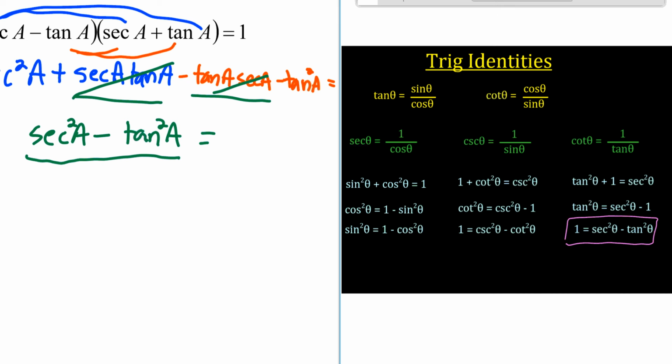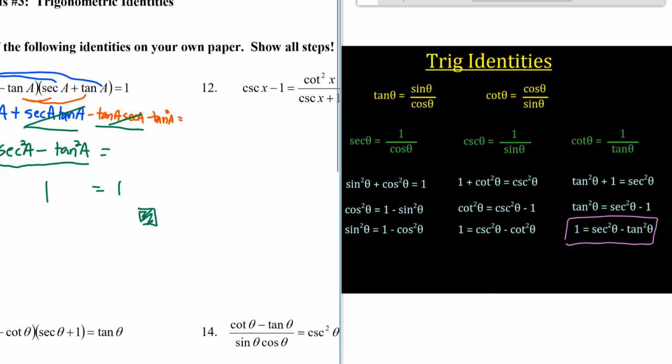Secant squared minus tangent squared is 1. So the nice thing is over here, this is just 1, and we're done. We can just say right there that it equals 1, because that's part of our trig identities toolbox that we've proven already, so we can use it. All right, number 11's in the books.